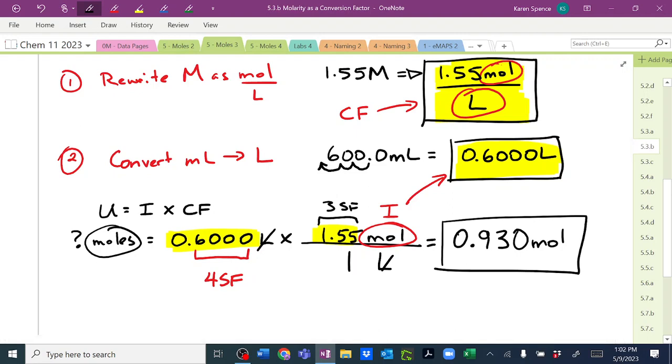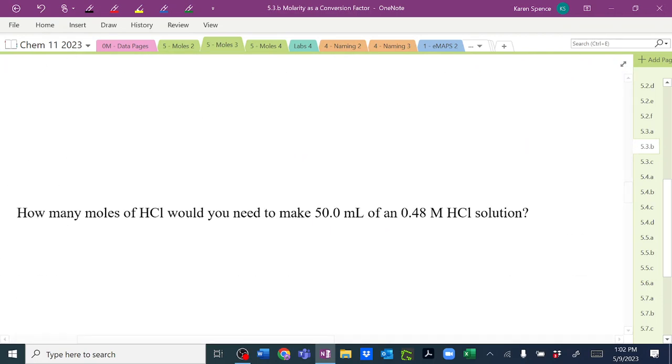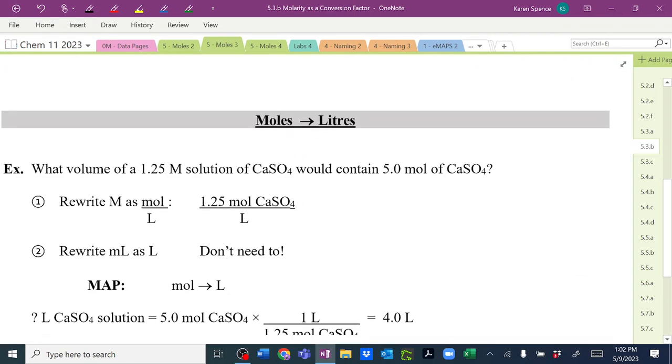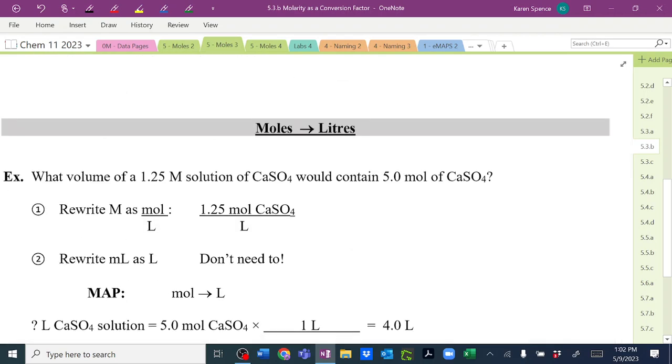We're not going to do the second example on that page. It is there, though, if you need to look at it. We're actually going to skip ahead to page 60, okay?